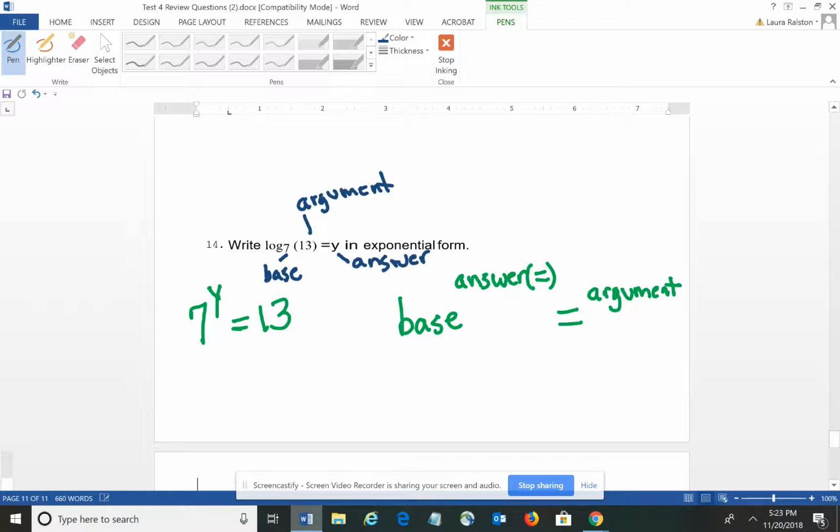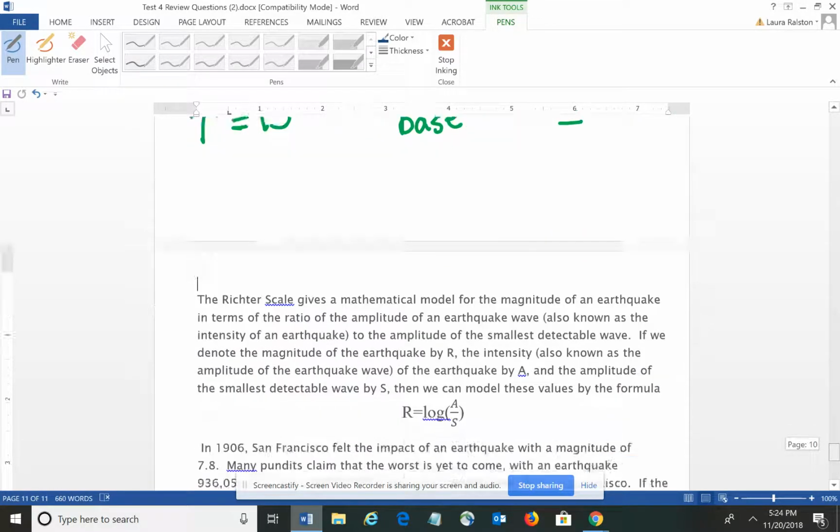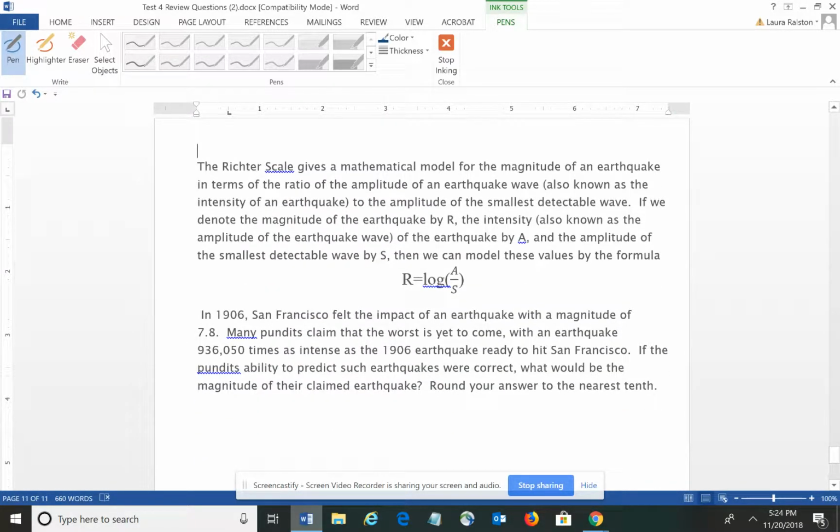That finishes the actual review, but I want us to look at another difficult question that they throw at you on the actual test. It looks daunting because it's a really long question, but they have to explain the formula to you. It says the Richter scale gives a mathematical model for the magnitude of an earthquake in terms of the ratio of the amplitude of an earthquake wave, also known as the intensity of an earthquake, to the amplitude of the smallest detectable wave.